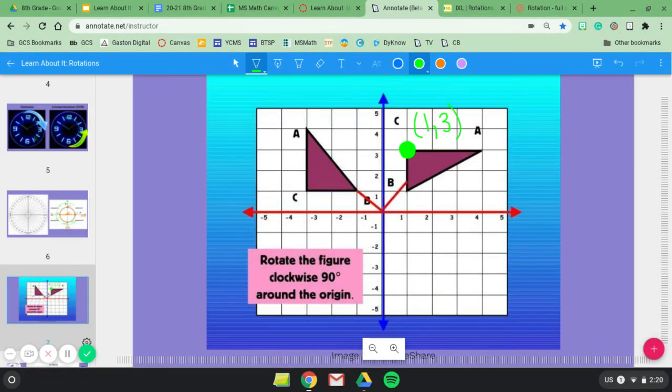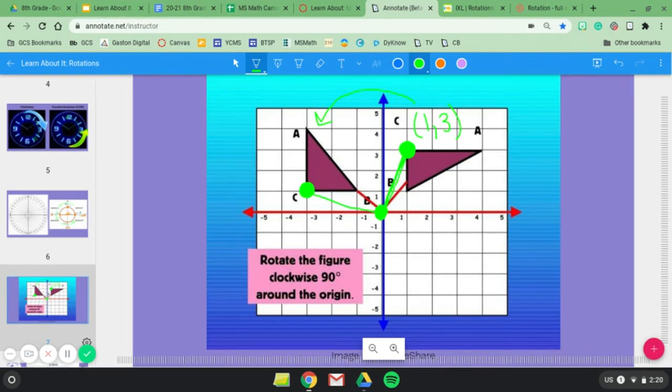Okay. When C is rotated 90 degrees, or a quarter turn, or one quadrant, counterclockwise, so to the left, so it goes one quadrant to the left, it ends up at this point here. And if our center of rotation is the origin, and I connect both of these points to the origin, I'm going to get a 90-degree angle.